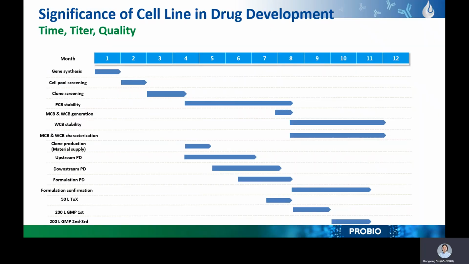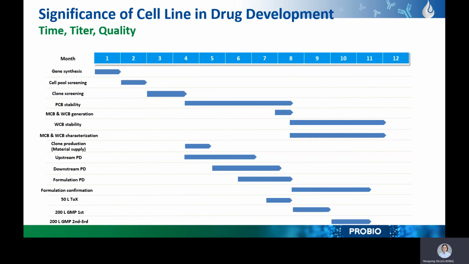In this picture, according to the commonly used strategy and different stages, cell line development can continuously supply materials to other modules. The cell pool can be provided for scale-up culture so that materials can be provided in time for the process team, as well as for developability research and in vivo study.